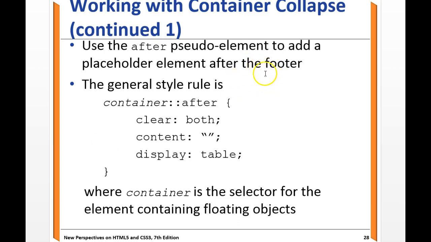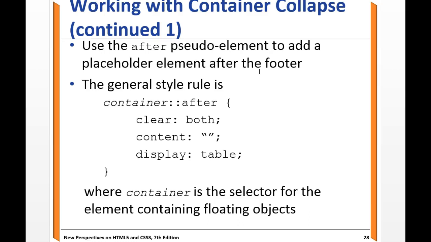In this case, the footer is the part that's actually collapsing. If you look at the example in the book on page 197, the footer in the Panacea homepage has no trailing element, so the footer is the last element in the page body.